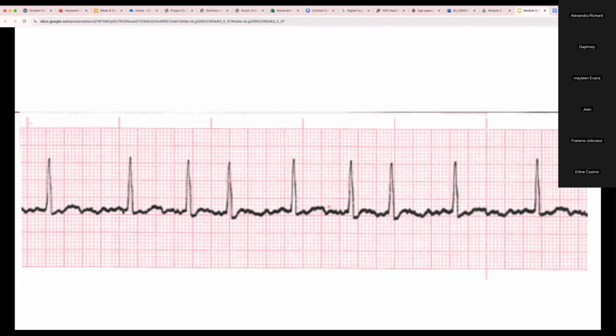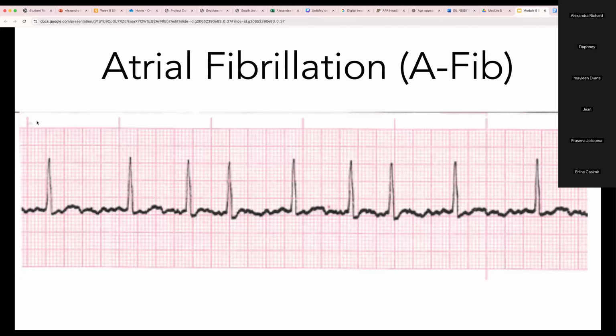What is the name of this rhythm? Very good. This is atrial fibrillation. And you can see that these here, what do we call those? We call those fibrillatory waves, right? We call them fibrillatory waves.